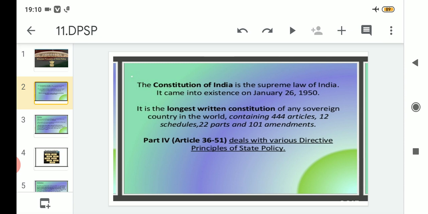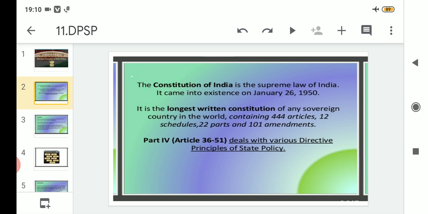Actually, as per the updated information, up to 2020 there are 104 amendments. So in place of 101 amendments, you will write 104 amendments. Clear? This is the updated information.